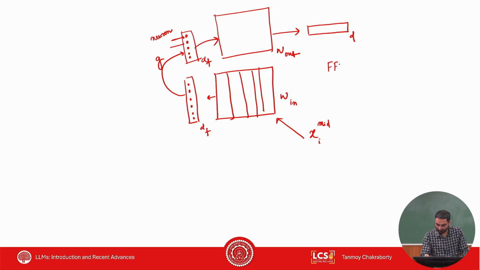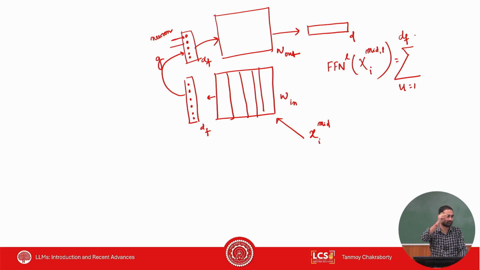So the feed forward network at the lth layer, the input is x. What is the input? Xi mid at the lth layer, right? It would look like this: the sum over u equals 1 to df. What is df? Df is the dimension of the intermediate layer.